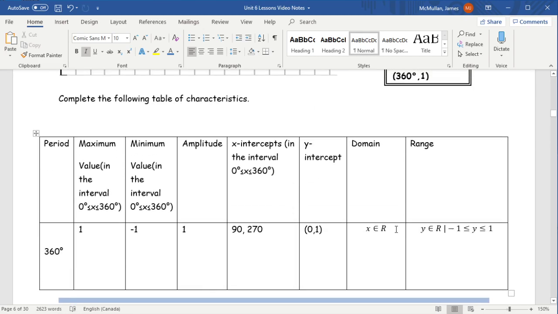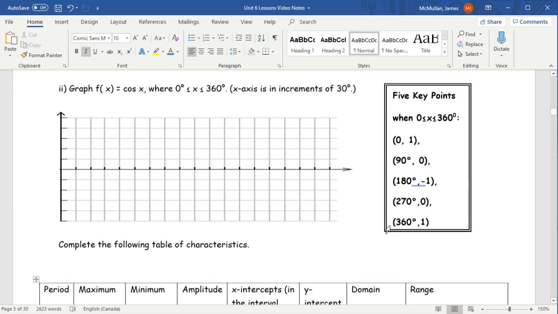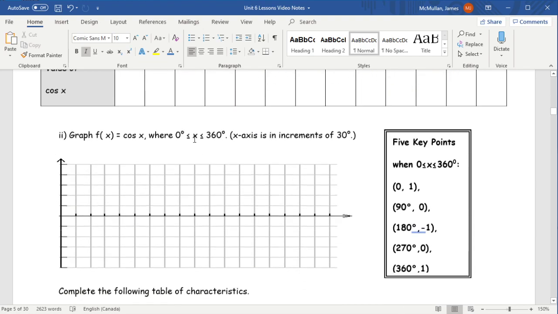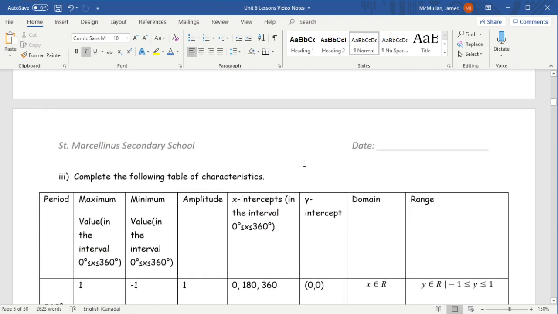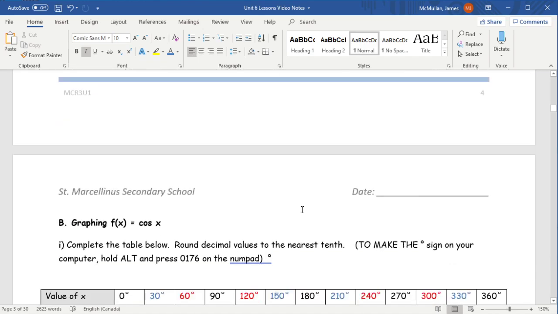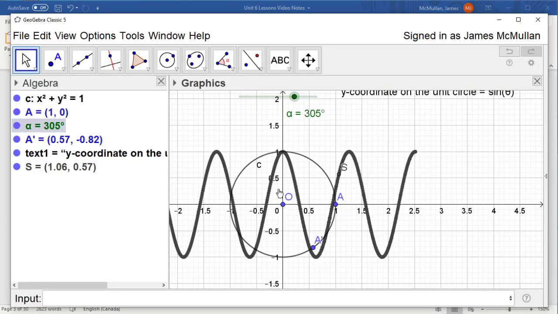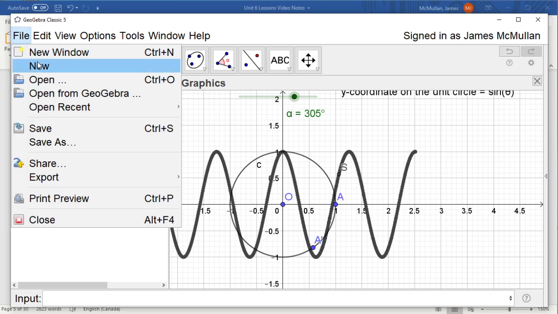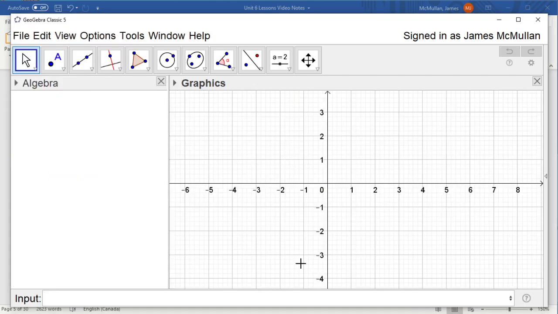For today, I just want you to make sure you understand this terminology and how we got these various answers and how to graph these things. One final point: a lot of people when they do these graphs, draw them really jagged, like straight up and down with sharp turns. I just want to point out that cos and sine do not have any sharp turns.